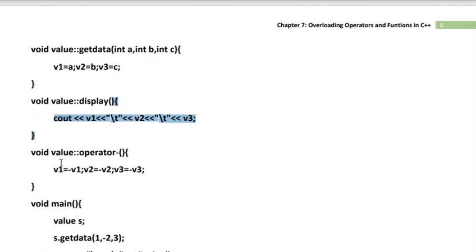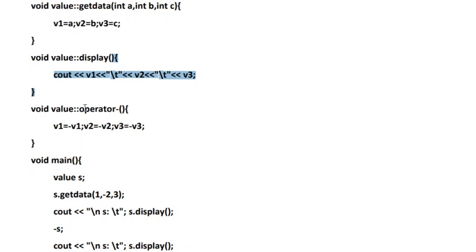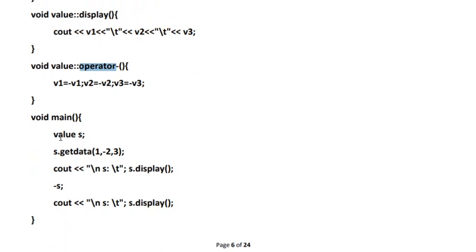Then I'm defining the function operator minus, which is capable of negating the values of v1, v2, and v3. So v1 is replaced with minus of v1, v2 is replaced with minus of v2, and v3 is replaced with minus of v3.